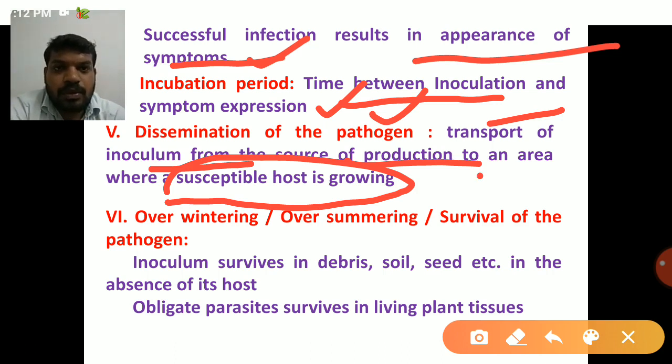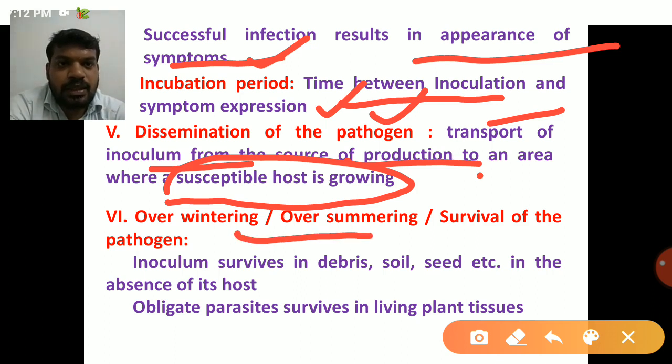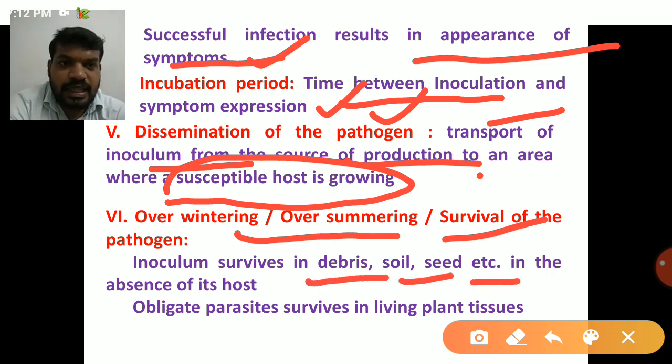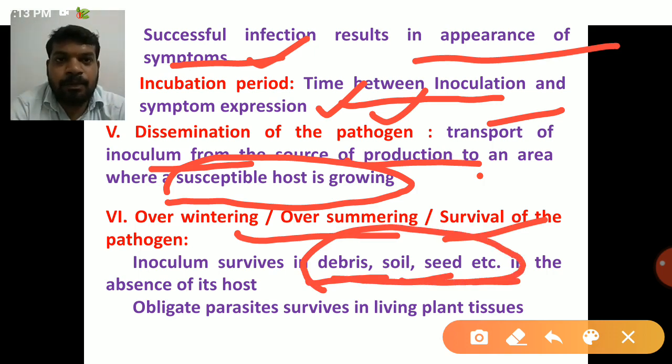The sixth event is overwintering, oversummering, and survival of the pathogen. In this stage, the inoculum survives in debris, soil, or seed, etc., because of the absence of a host. After the end of the crop season, the pathogens overwinter on debris, soil, or seed, etc. Obligate parasites survive in living tissues.